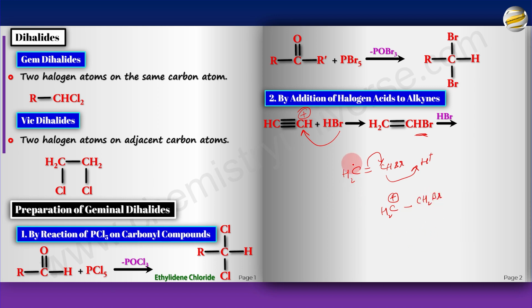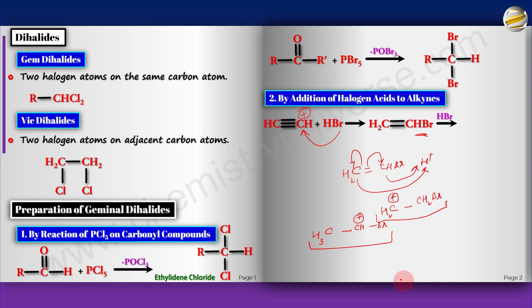The other option is that this goes here and this takes the proton, meaning this becomes CH3, and this becomes CH plus Br. Now, if I were to ask you which carbocation is relatively more stable, just look at all the effects.